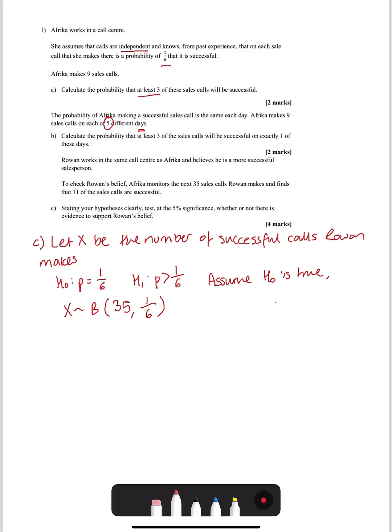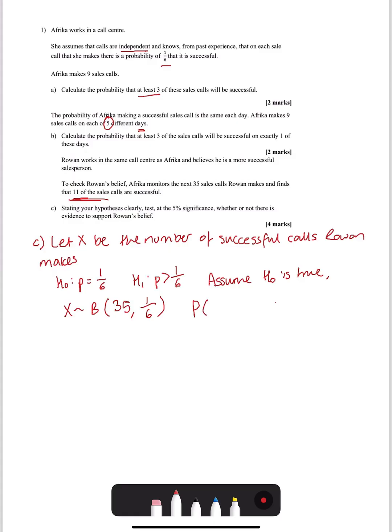And we want to find then, is him making 11 calls or more extreme enough for us to reject the null hypothesis? Does it give us a result that is significant enough that we can say, actually, it's not the same probability, he is making more calls?